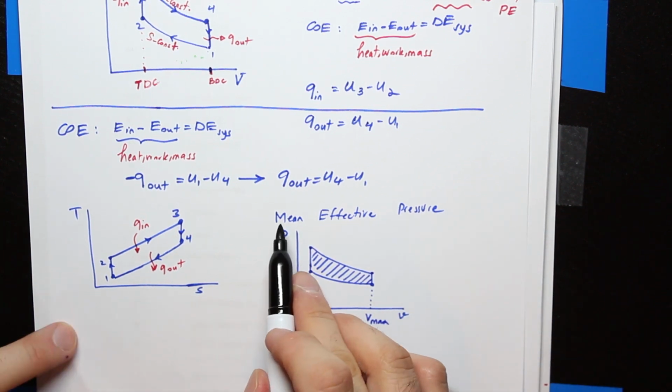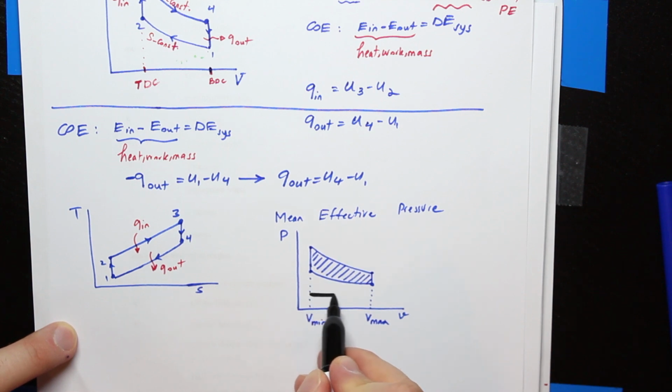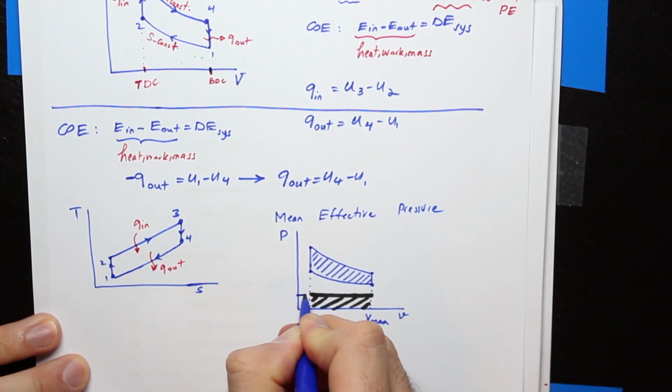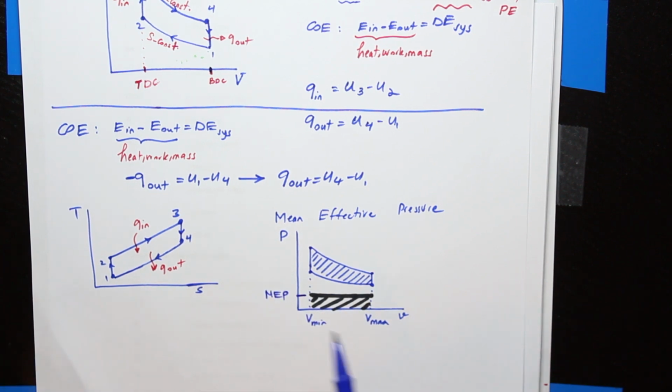So the mean effective pressure is a pressure that gives us the same area between V min and V max. So this line, or this value, is my mean effective pressure. So again, the mean effective pressure is kind of an average pressure that gives us the same net work as the ideal Otto cycle.